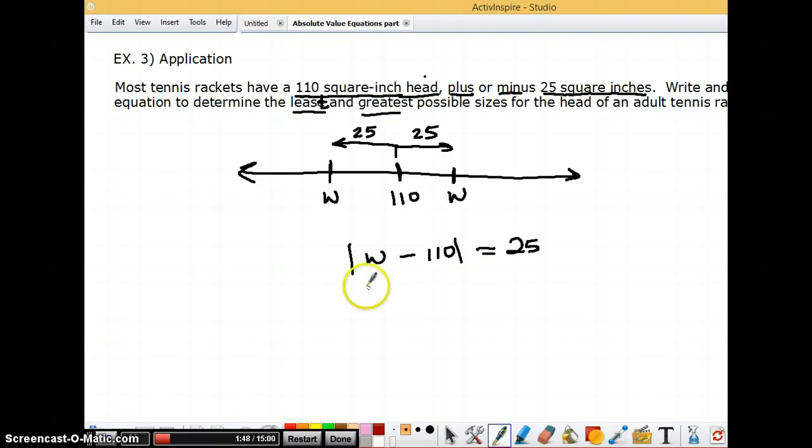So now what this means is that W minus 110 is equal to 25, and W minus 110 is equal to negative 25.